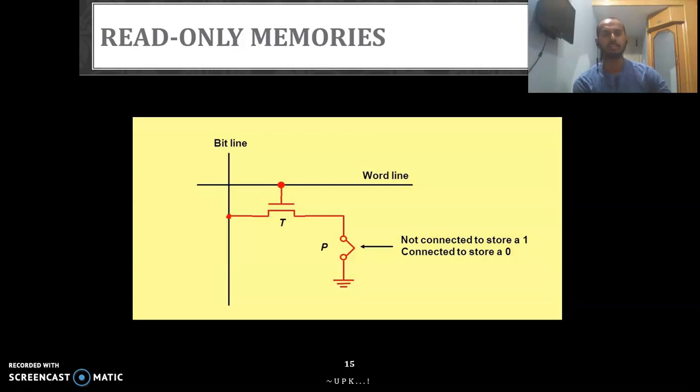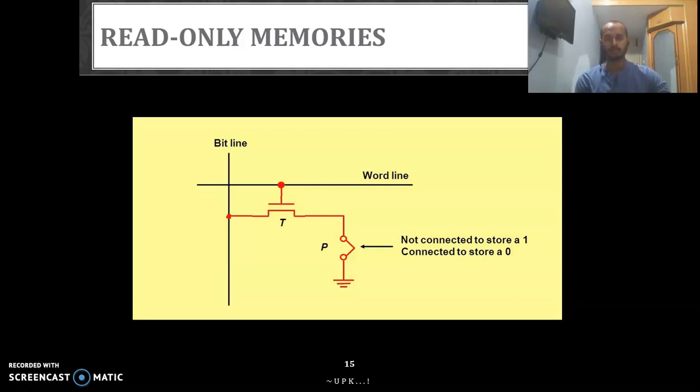In the earlier design for RAM, we saw two transistors with inverters, a different combination. Here we have only one transistor with a small switch which is operated in different positions for different purposes. For logical 0 operation, the transistor is considered to be closed and it is grounded, whereas for logical 1 operation, the transistor remains open.